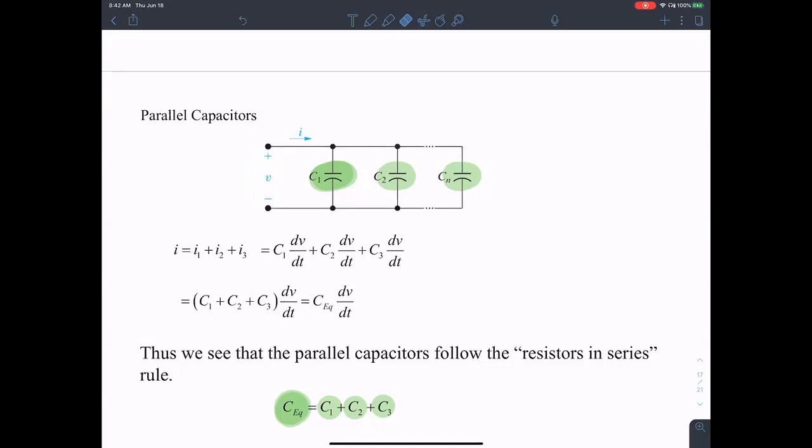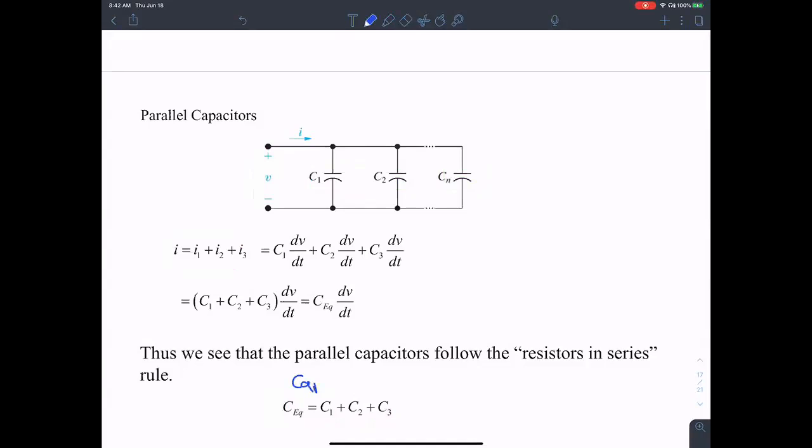You can do the simple analysis: sum the currents through all of these capacitances and find that the equivalent capacitance is the sum of individual capacitances when connected in parallel.